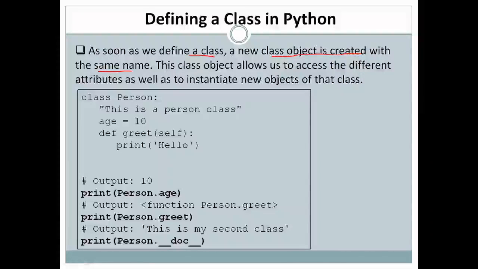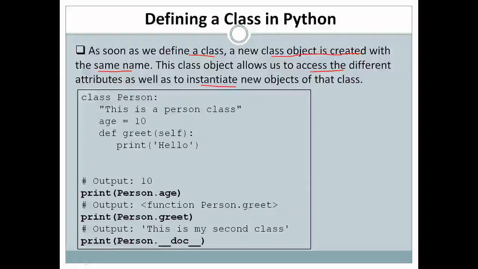This class object allows us to access the different attributes as well as to instantiate new objects of that class. By using the class object, we can access only the class attributes, remember. And it can also be used to instantiate or create an object of a class.